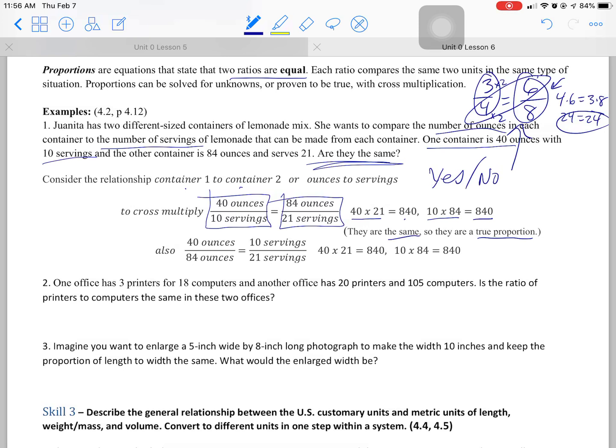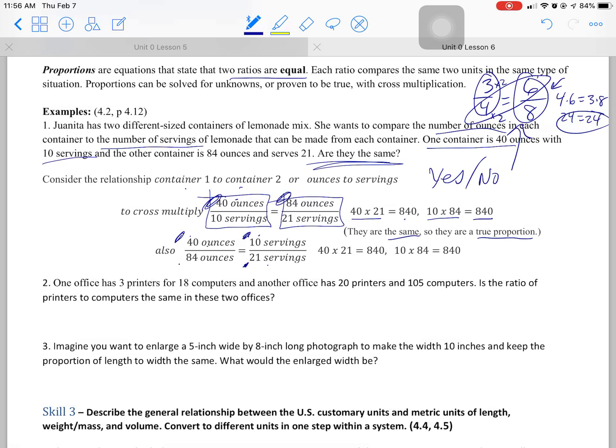Some people, when they're setting them up, put ounces over ounces and servings over servings, as long as you're consistent. If this side is ounces over servings, this side has to be ounces over servings. If this side is ounces to ounces, but this is container 1 and this is container 2, then you can put container 1 servings over container 2. There's a little subtle difference.